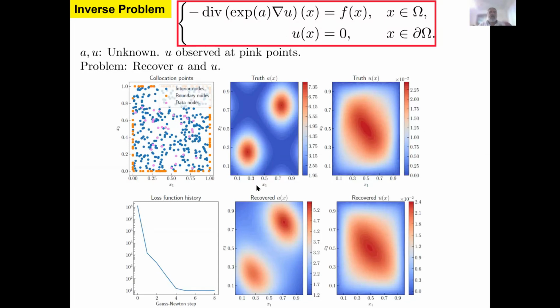And these figures show the true and recovered solution of the PDE and the true and recovered conductivity coefficient of the PDE. The recovery is not exact because we have only 40 data points. The underlying Gauss-Newton algorithm converges in 5 steps. And note that here we are solving both the forward and inverse problem at the same time.